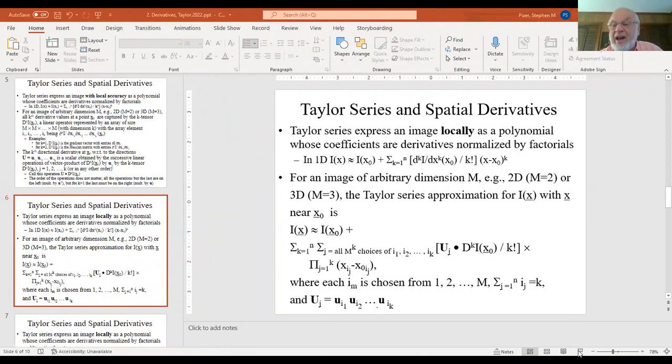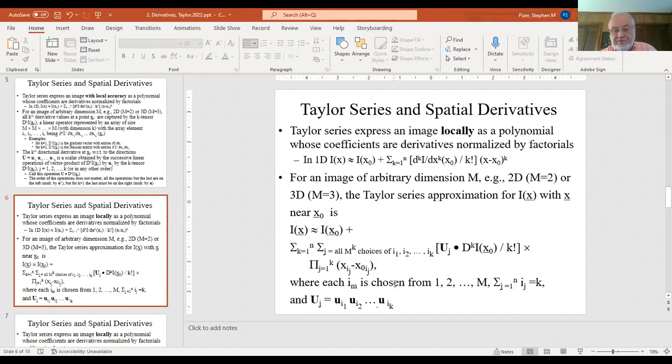All right. So we now have the Taylor series for each one of these k's, which are the order of the derivative. We have m to the k entries, where m is the dimension, which I called n before.